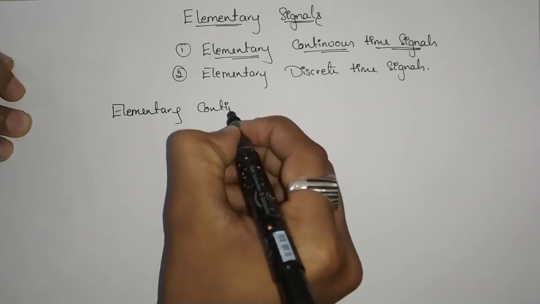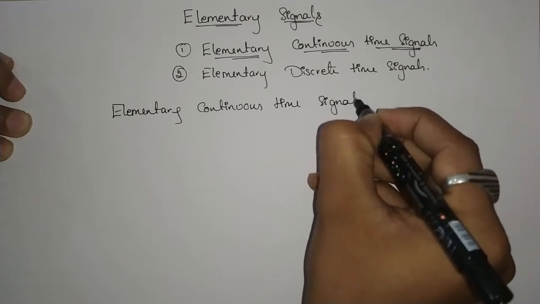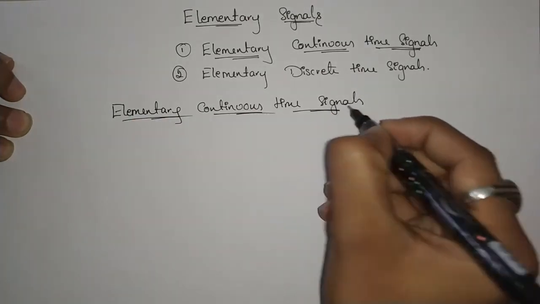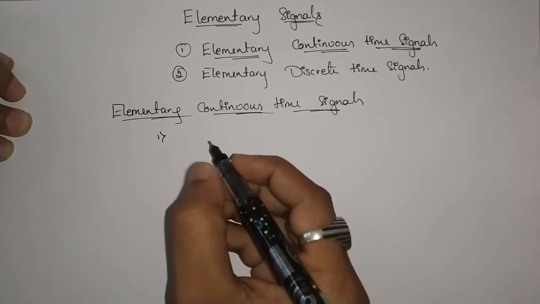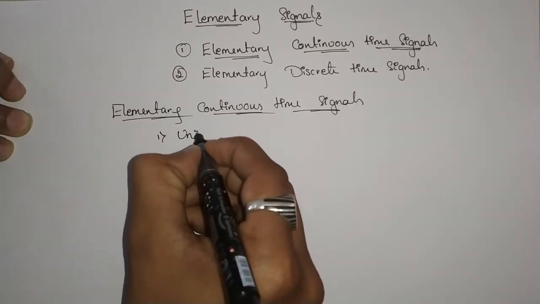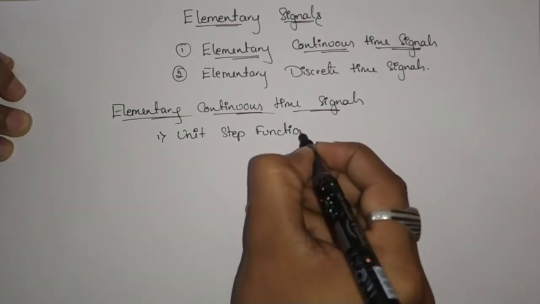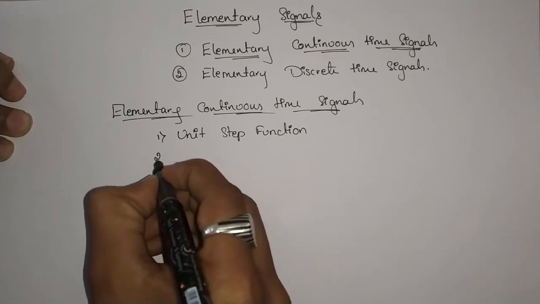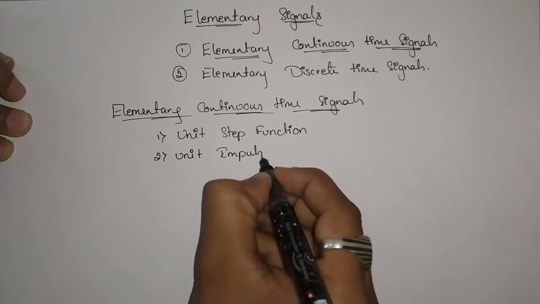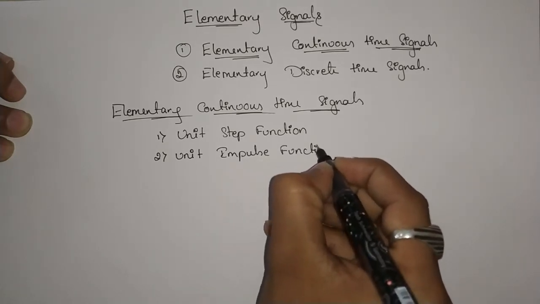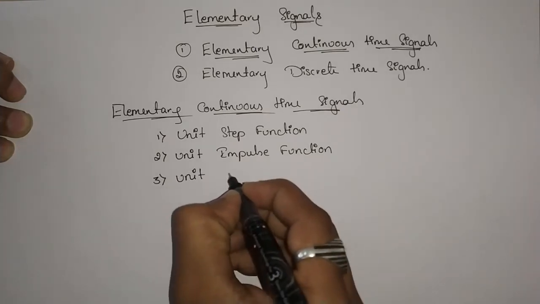In elementary continuous time signals we have subclassifications. Among them, first one is unit step function. Second one is unit impulse function. Third one is unit ramp function.